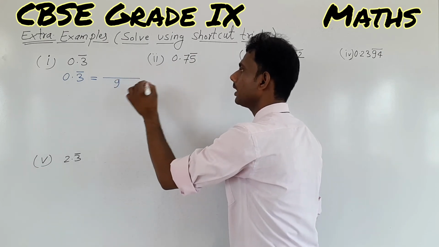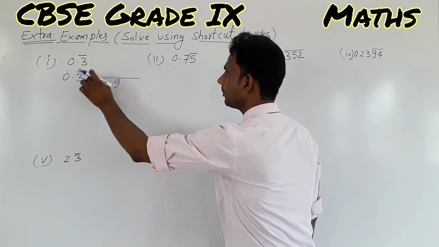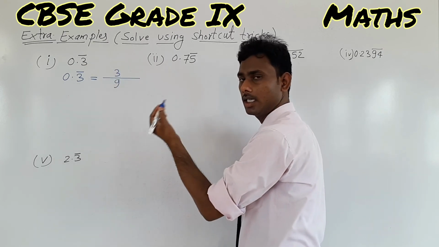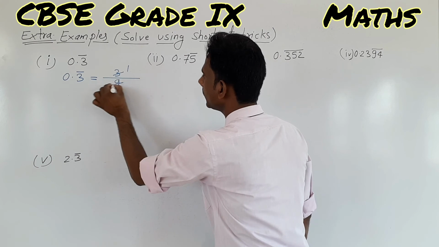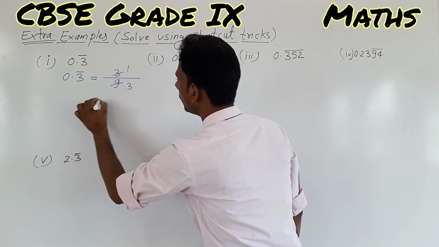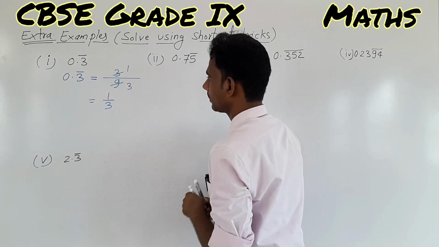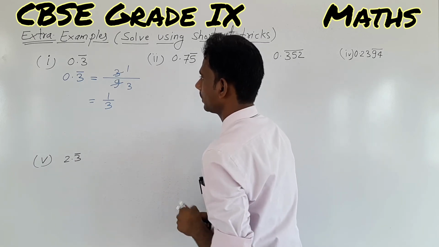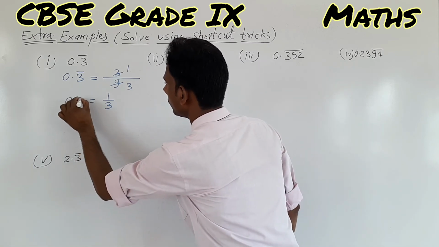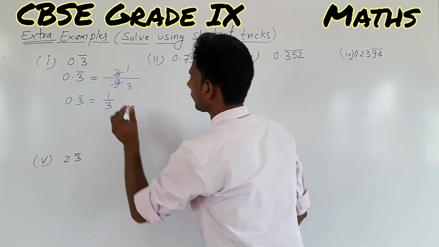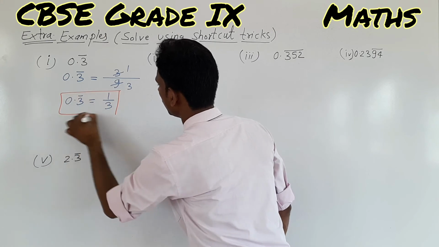And in numerator, what is after the decimal? 3. Then you write here 3. Then reduce it. 3 1s are 3, 3 3s are 9. This will be equal to 1 upon 3. 0.3 bar equal to 1 upon 3. This is answer.